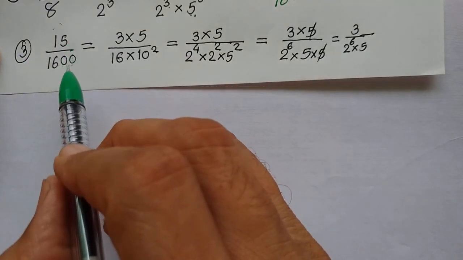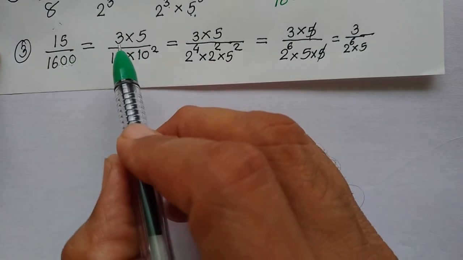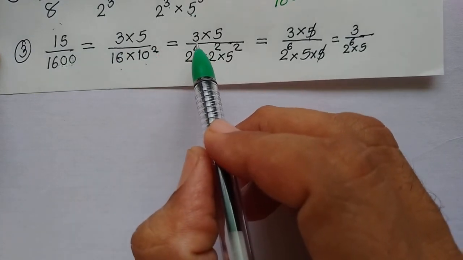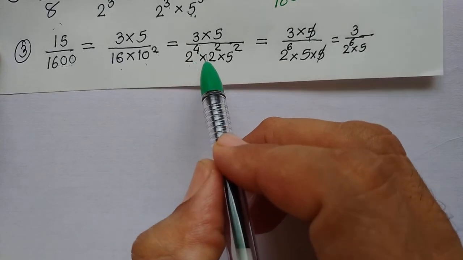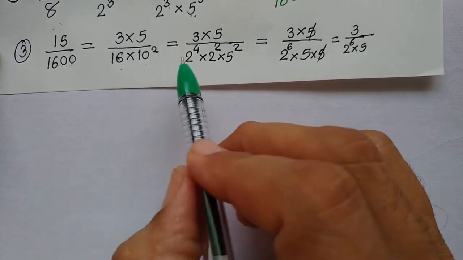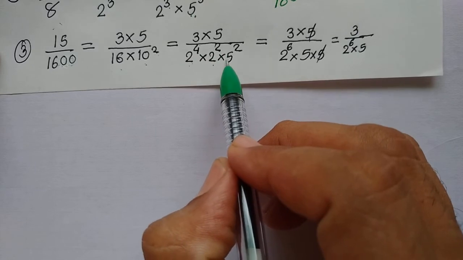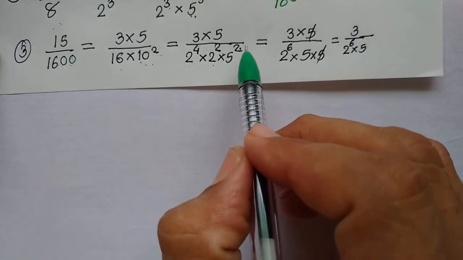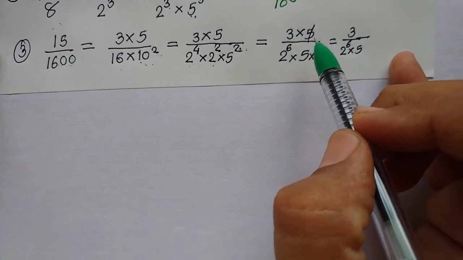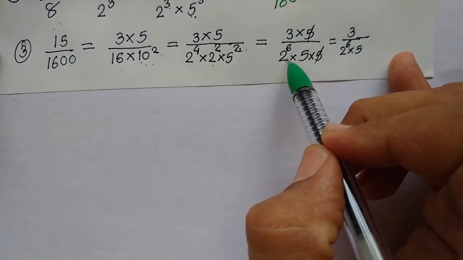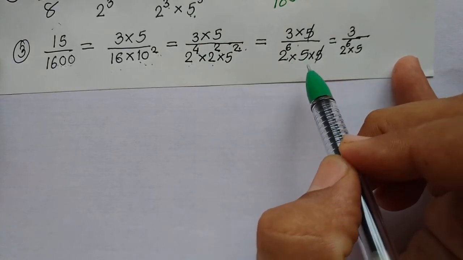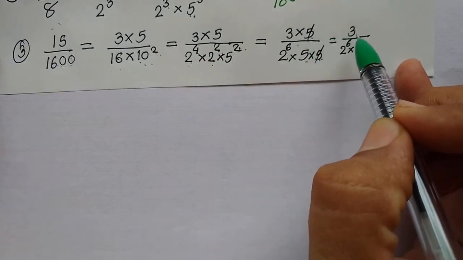Here 15 by 1600, 3 into 5, 16 into 100 means 10 square, 3 into 5, 2 raised to 4, 16 means 2 raised to 4, 2 square into 5 square, 10 means 2 into 5 square, common, given both, this. 3 into 5, 2 raised to 6, this 2 square and 4 added, so 2 raised to 6, 5 and 5, so 5 cancel, 3.